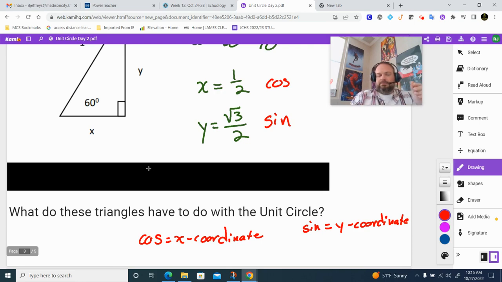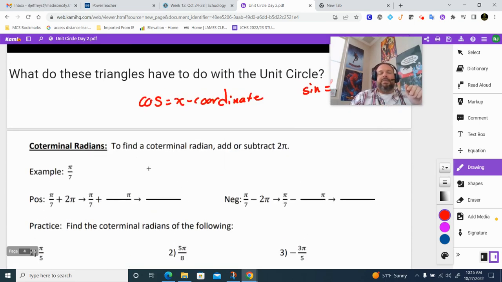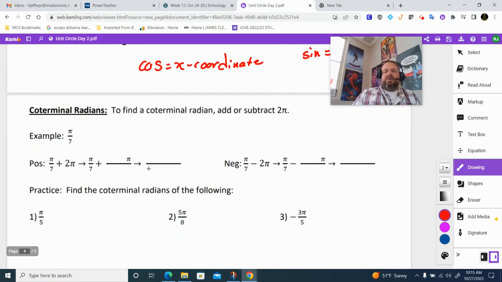But, okay. Now, I know on Tuesday, which we had a very short lesson, very short day, because we had potential for tornadoes. But now we did coterminal angles. We actually had need to do radians also. Now, with degrees, it was add or subtract 360.